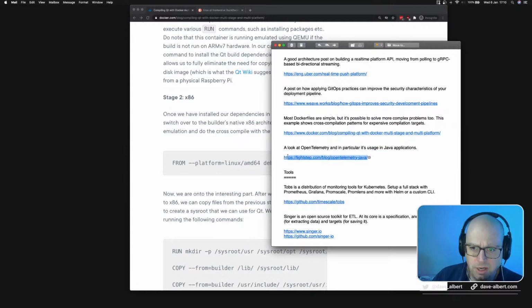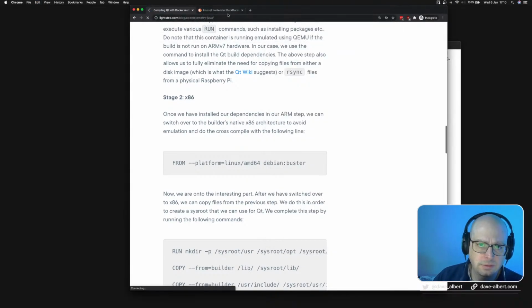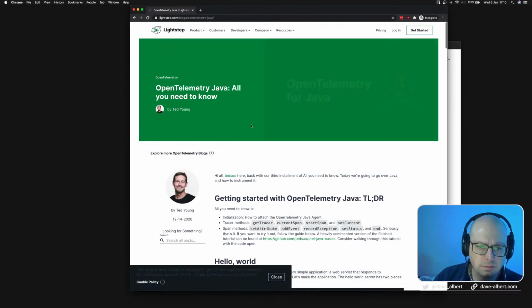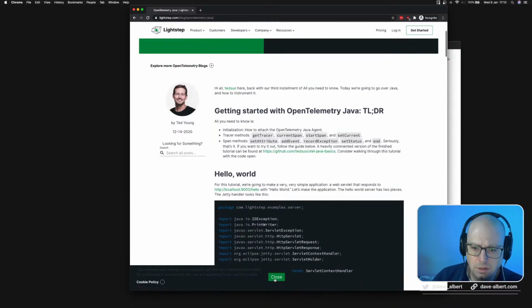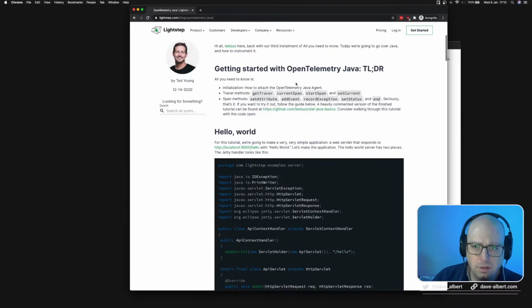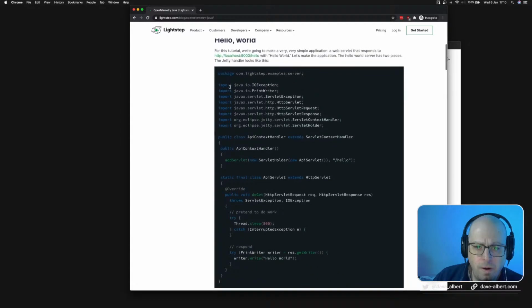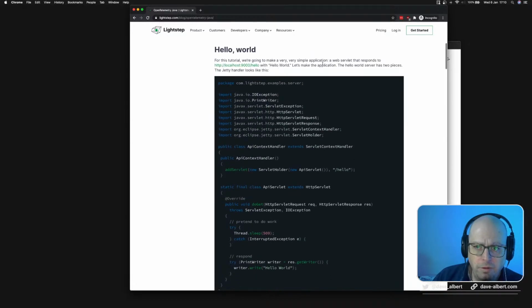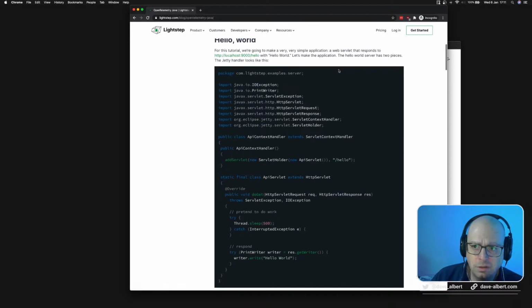Open telemetry. Let's see what we've got here. Okay, open telemetry with the Java agent. Very, very simple application. Web servlet responds to localhost 9000 hello with hello world.